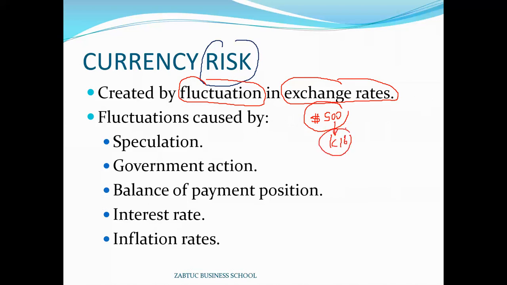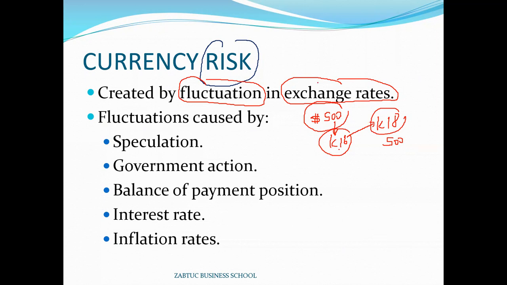But you're expected to pay on the 1st of July. On the 1st of July, the rate may go to 18. So instead of multiplying by 16, you now multiply 500 by 18. So fluctuation in exchange rate is what causes a problem.